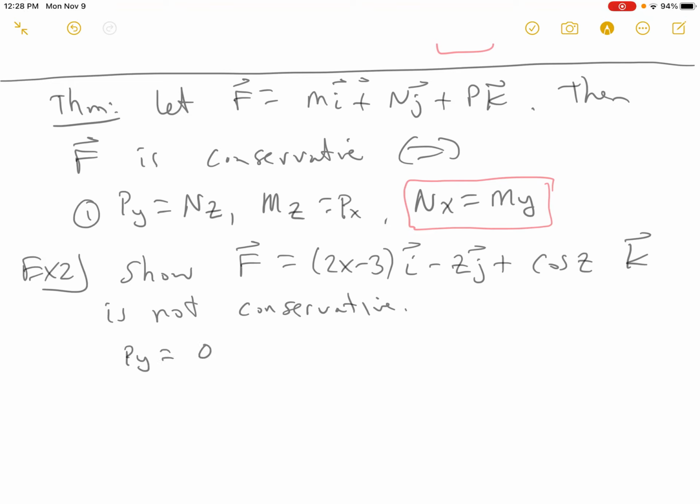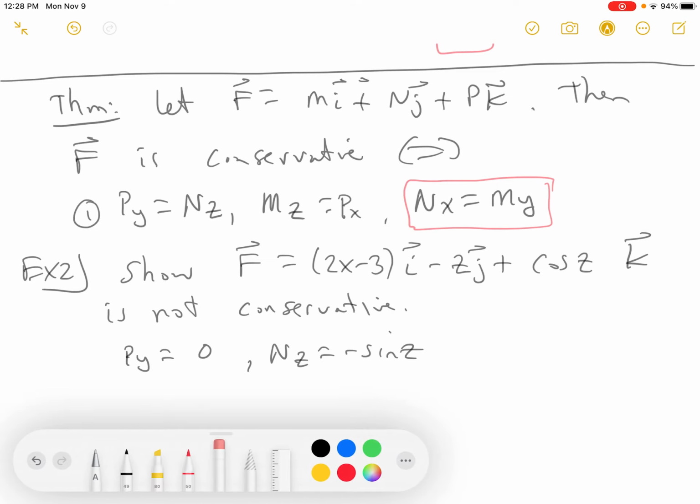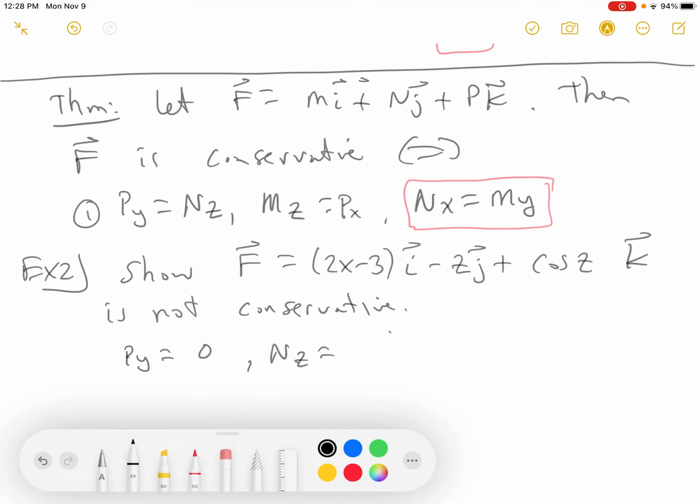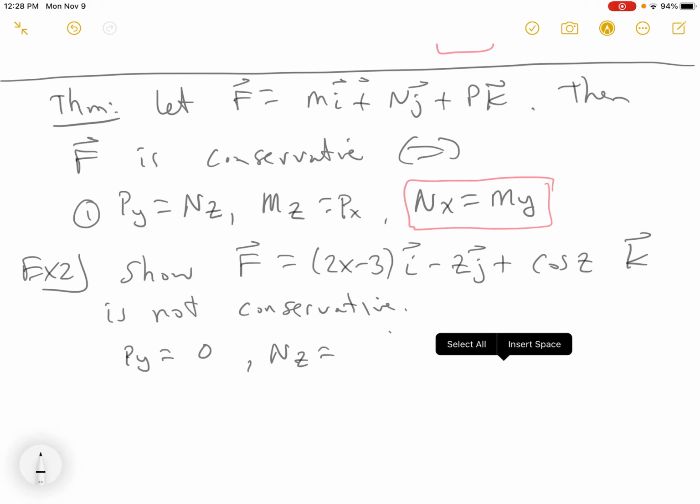Py is 0. Nz is minus 1. I looked at the wrong one here. Hold on. Py is not equal to Nz, so not conservative. Okay.